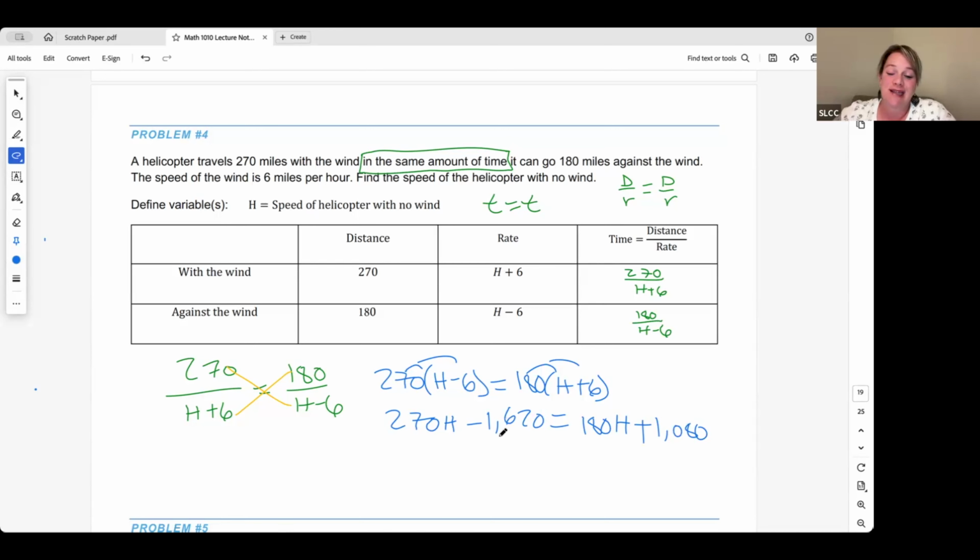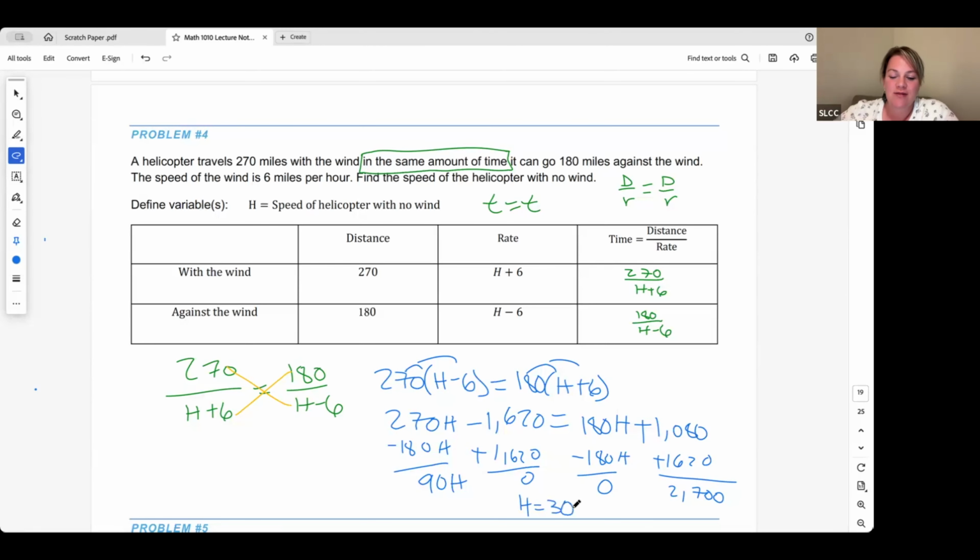Then I combine like terms, so I add the 1,620 to both sides to get 2,700. And then I subtract the 180h from both sides. So 90h, and then I divide 2,700 by 90. So h will be 30.